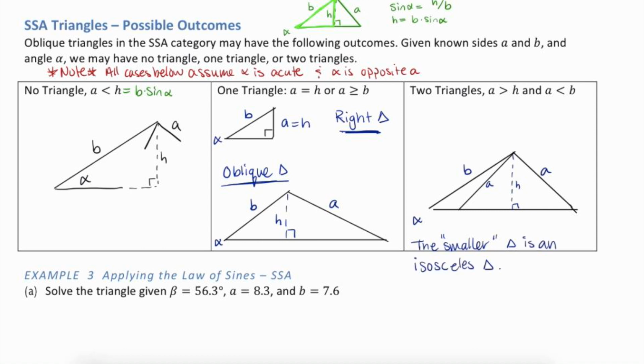Since this is an isosceles triangle, I know that this angle and this angle are going to be equal, as well as this side and this side, which we can already see because they're both of length A. But in case you don't see that, I'm going to briefly go over how we can figure out that these two angles are equal in the next example. So let's go ahead and move on to example 3.